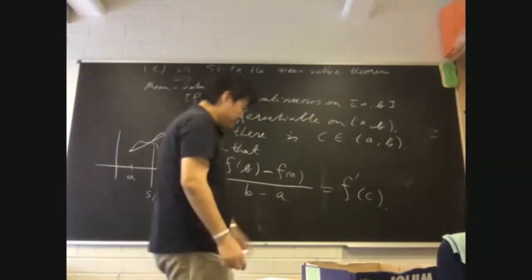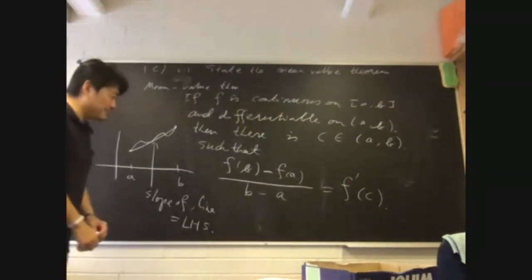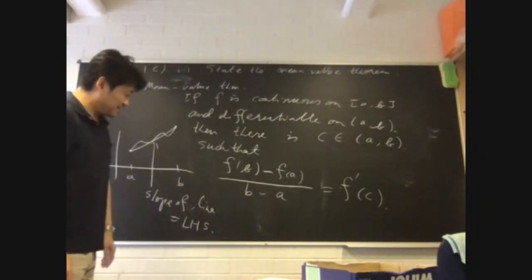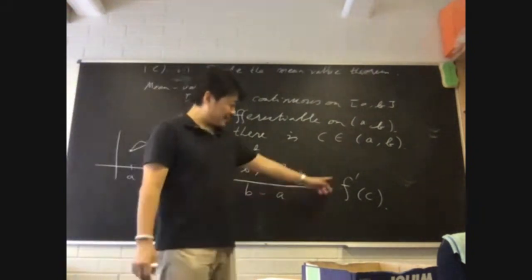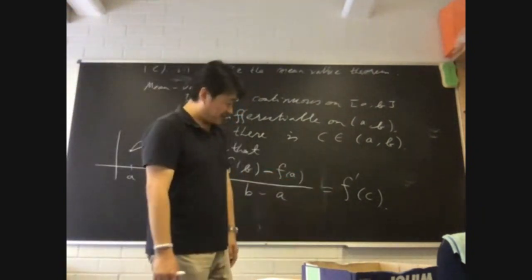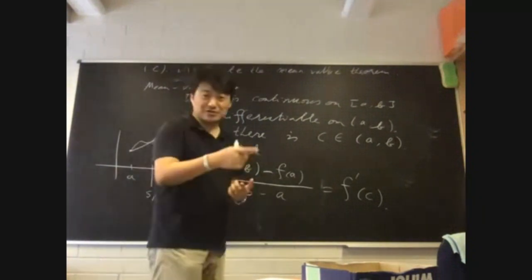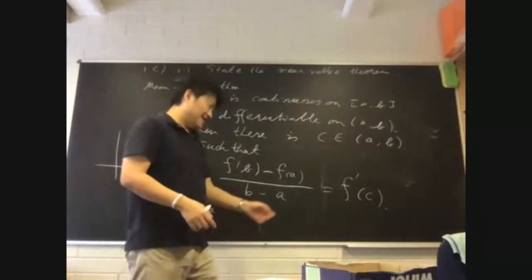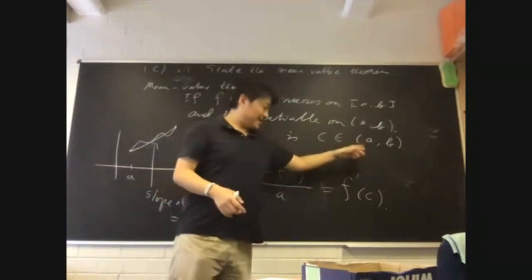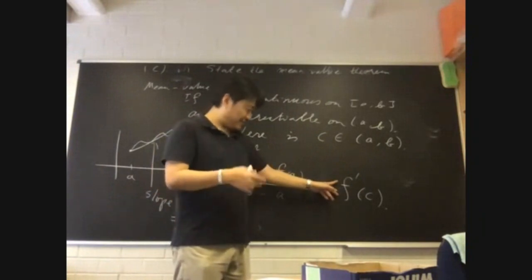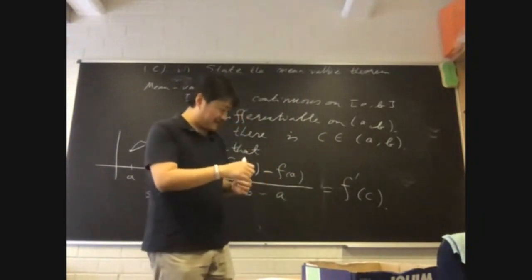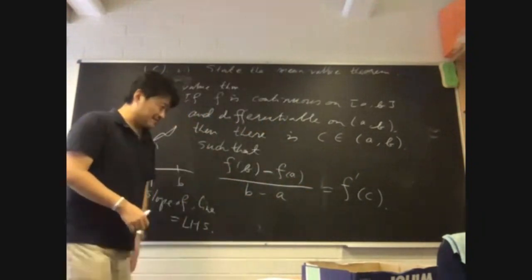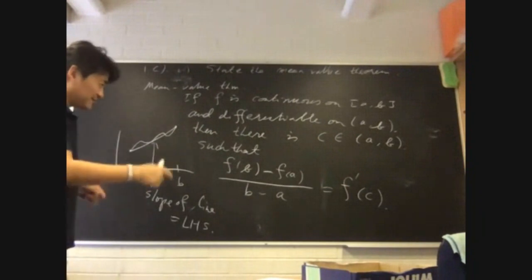Your right-hand side is f prime of c. We've understood what the left-hand side entails. The derivative of a function at a point gives you the slope of the tangent line at that point. So this equaling that means there is a point in this interval whose tangent line has exactly the slope of the rate of change over the whole interval.